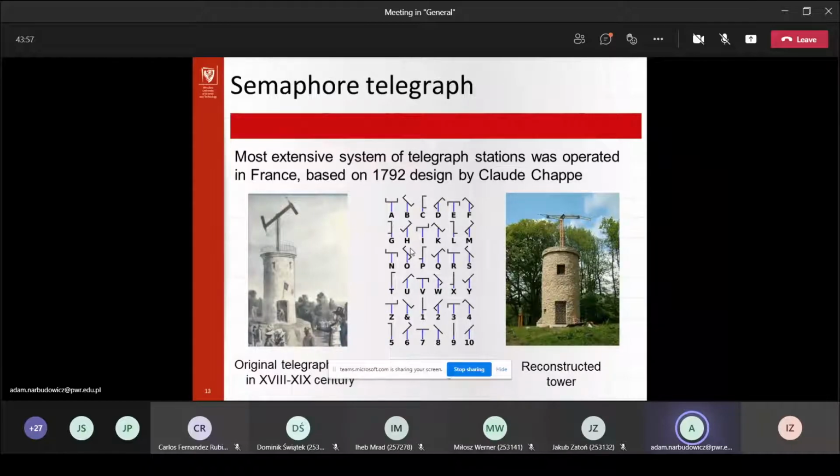Because there are only 7, so picking 1 out of 7 is much more distinguishable. Whereas in the semaphore case, you can see that small details of the arms can make a difference, right? So this is basically the price that you normally pay, that you have to distinguish more precisely between different symbols.